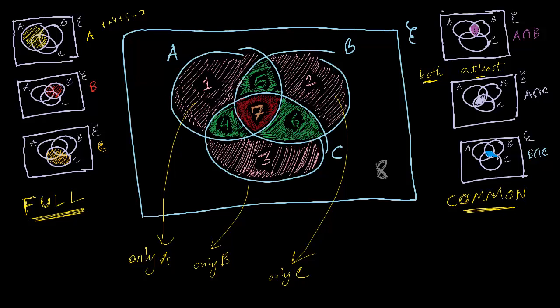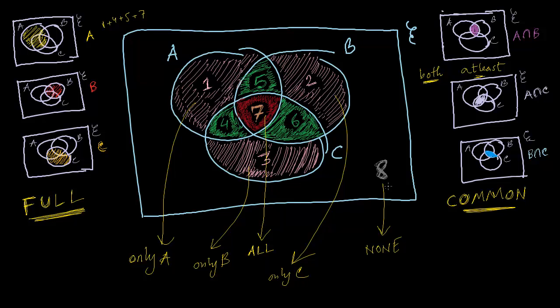Now exactly at the center, that region is denoted by all. This is all. All 3 sets are common over here, region 7. So region 7 is all 3. And here it means none. None of the sets are present here.